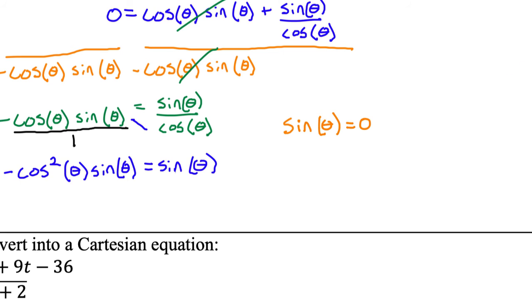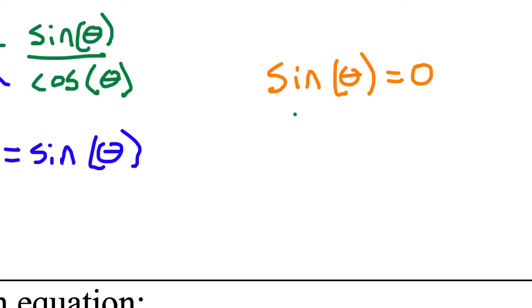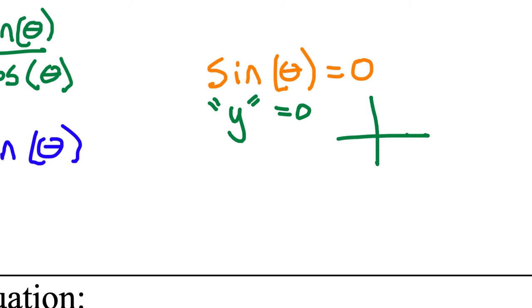So this is asking the question, where is y equal to 0? I'm putting that in quotes because this is not really what I'm saying. I'm making my quick little unit circle. That means on my y-axis I'm not moving up and down, so it's here and here. That's when theta is equal to 0 and pi.